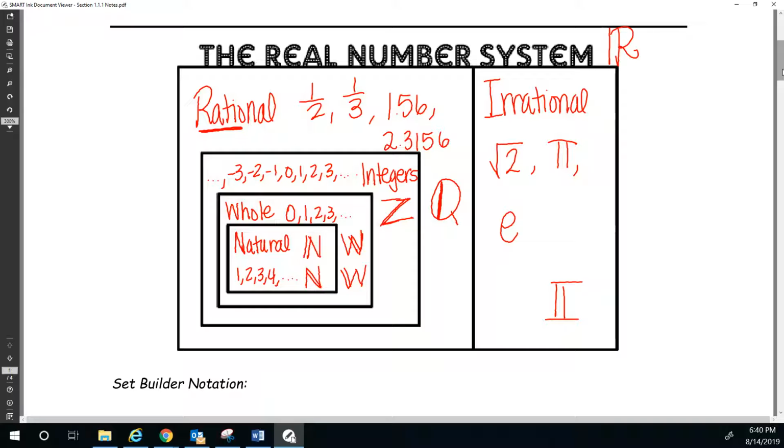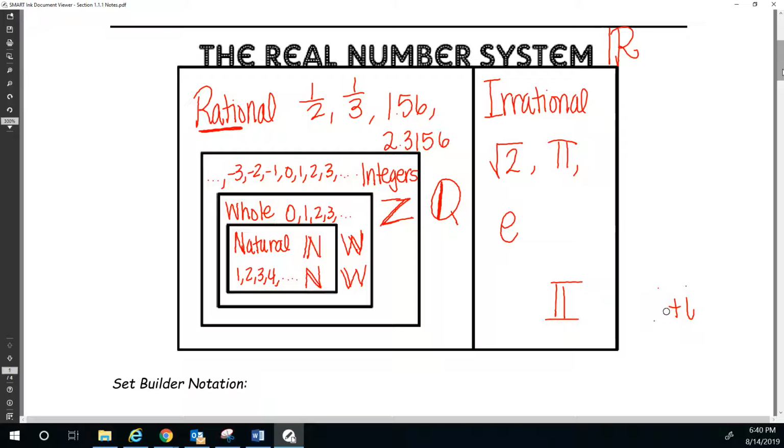Anybody remember? We talked about imaginary numbers, right? So imaginary numbers do not live in the real number system. So if I give you a number, say like 2 plus i, and I ask you which of these subsets it lives in, you should say, Ms. Harris, it's not a real number, so it's in none of these sets. All right, so that is the real number system.